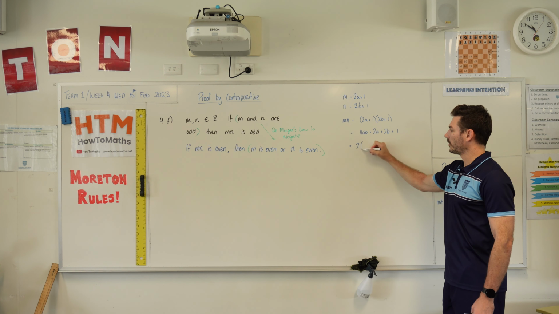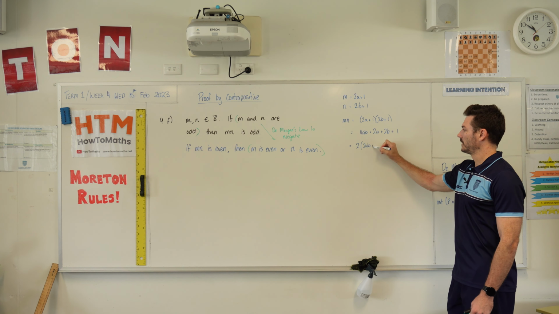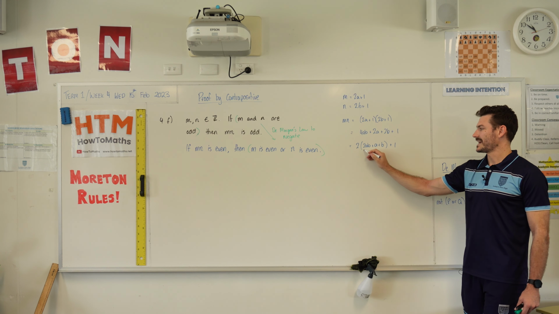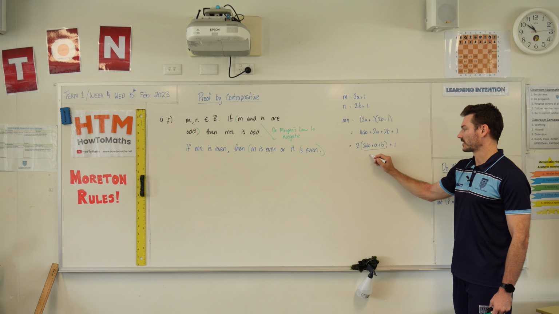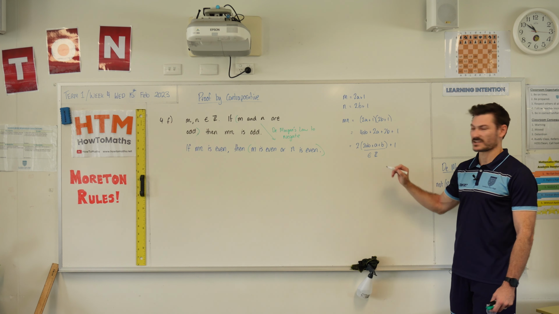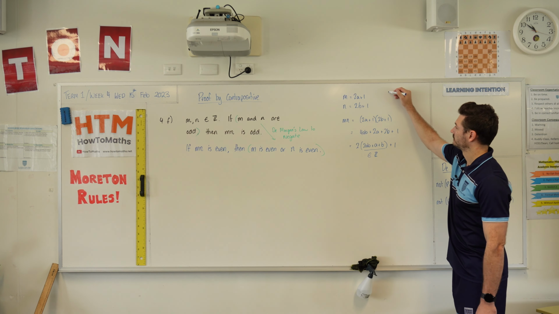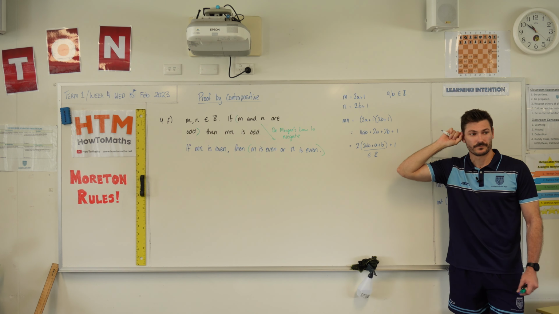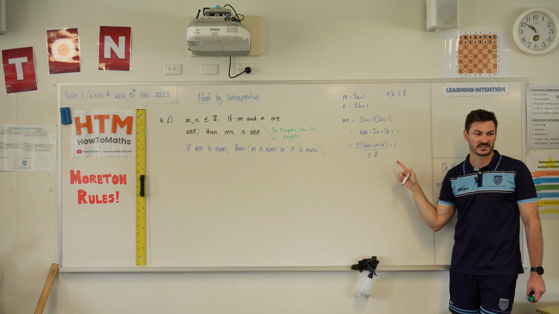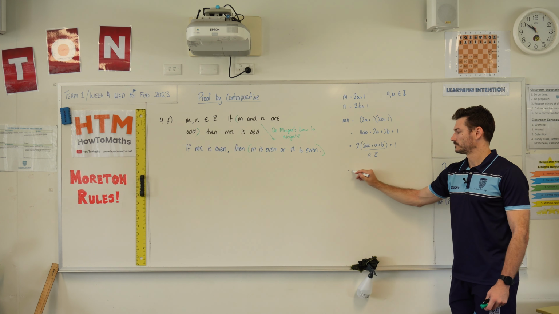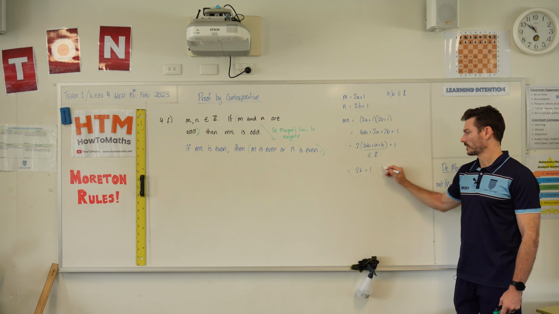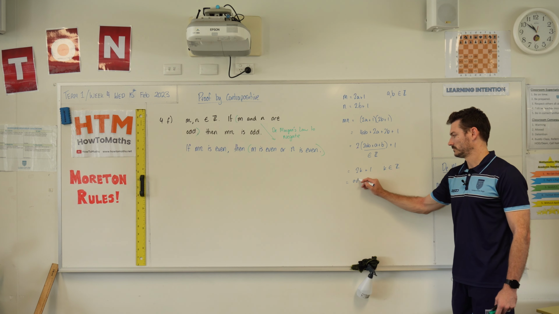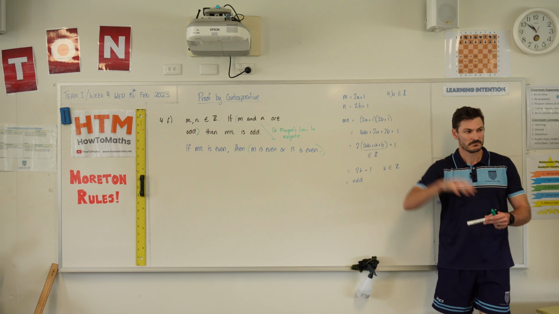So we get 2 lots of 2ab plus a plus b, plus 1 at the end. This is going to be an integer because a and b are integers, so this entire thing becomes an integer. We get 2k plus 1, where k is an integer, which is odd.